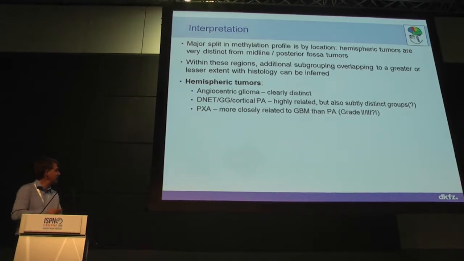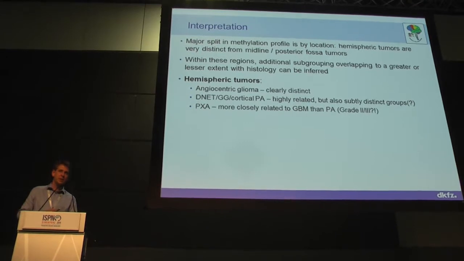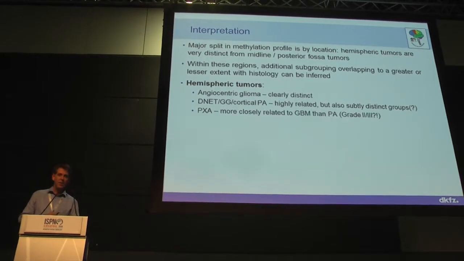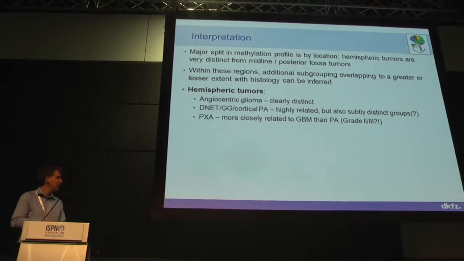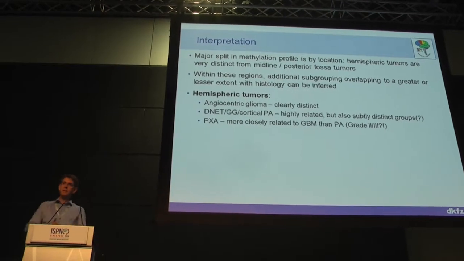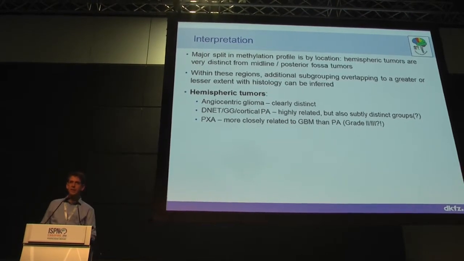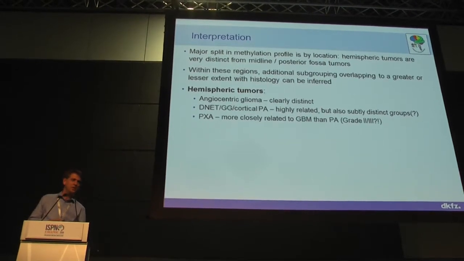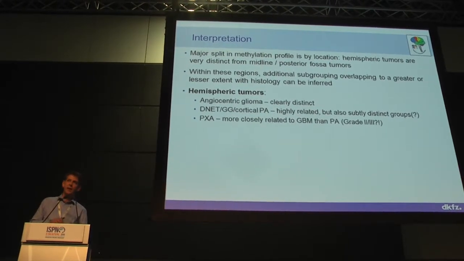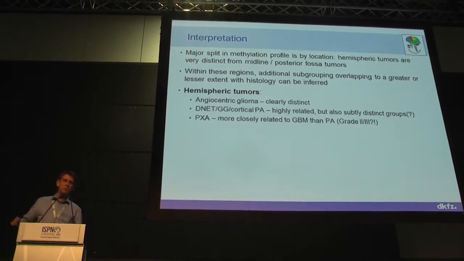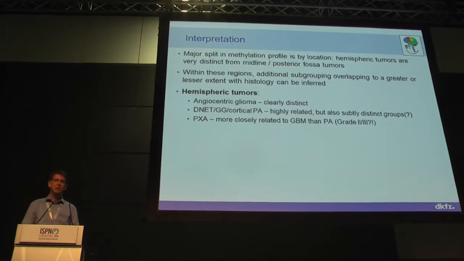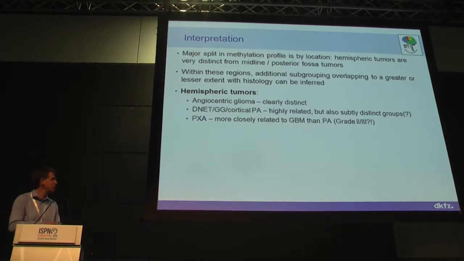We think that the pleomorphic xanthoastrocytomas are basically the main problem in distinguishing low grades from high grades, because some of them end up as low grades, some of them end up as high grades, and sometimes it's just at the discretion of the pathologist saying, this looks a little bit more anaplastic, so let's put it in the high grade group, or this doesn't have too much anaplasia, so let's put it in the low grade group.